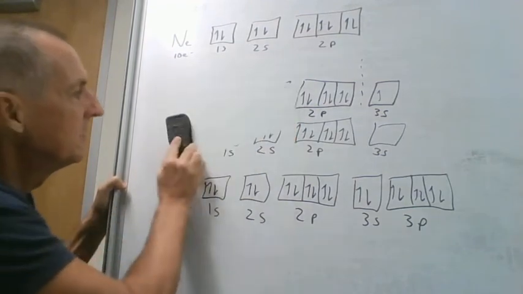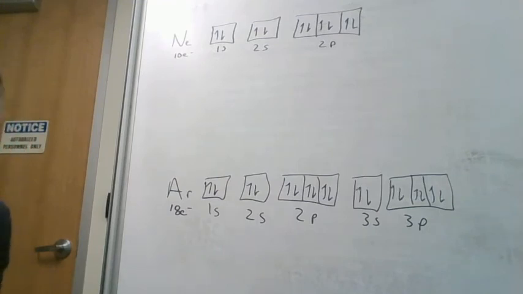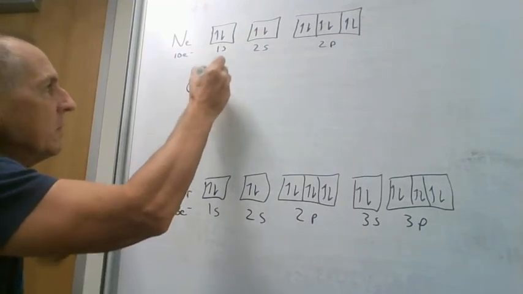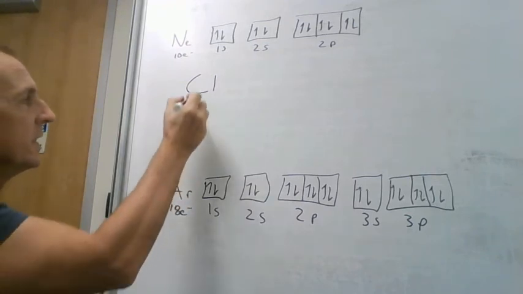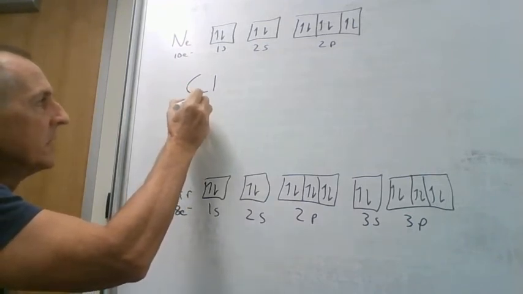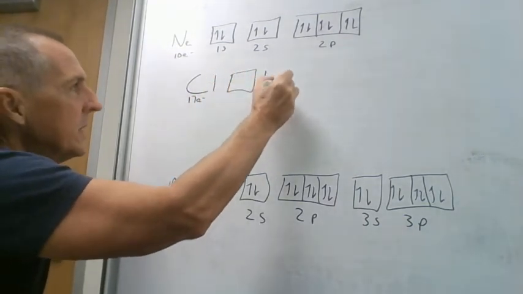So let's look at what happens if we have chlorine as our element. Chlorine is element number 17, so we're going to have 17 electrons. We're going to need a little more space to put all those electrons.